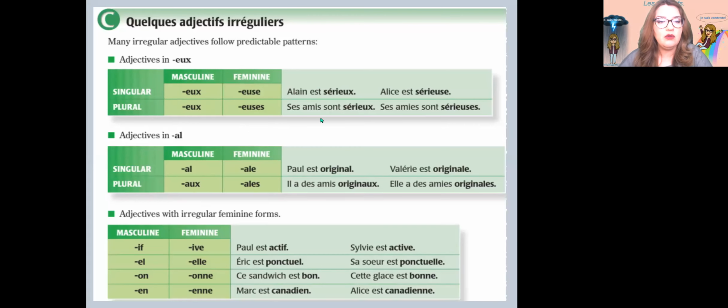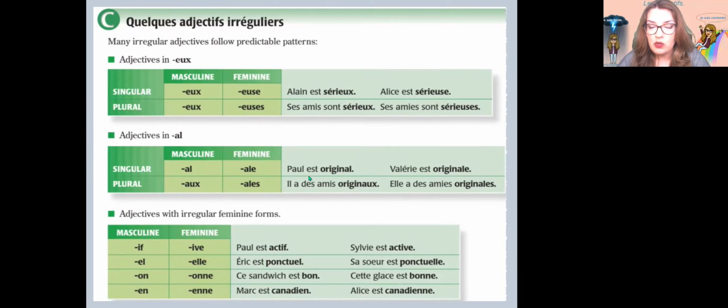So if we have the singular form of the adjective, many irregular adjectives follow predictable patterns. Eux becomes euse. Exemple, Alain est sérieux, Alice est sérieuse. Ses amis sont sérieux, ses amies sont sérieuses. Now, adjectives in al.